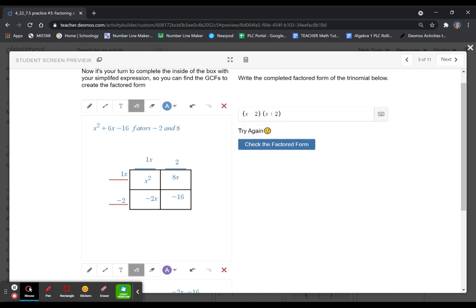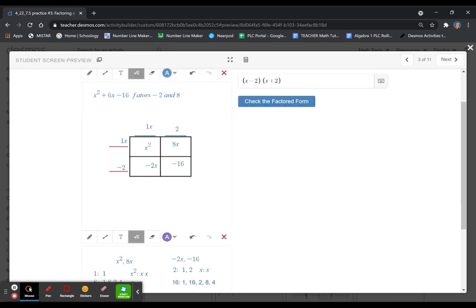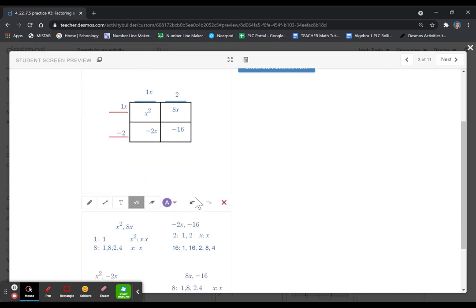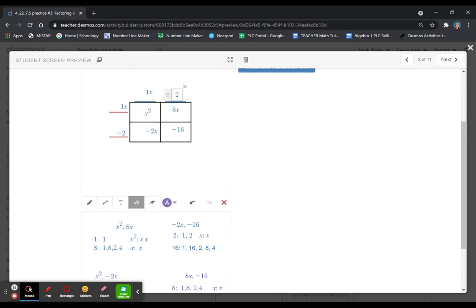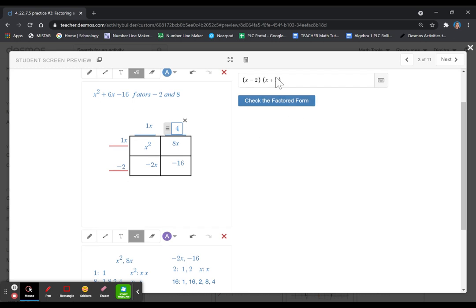All right, let's see. Oh, try again. What did I do wrong? Oh, no, this should be 4, isn't it? Did I do that wrong? Oh, it is. The GCD is 4, not 2. All right, I'm not going to change my video. What am I doing wrong? So x minus 2 and x plus 4.